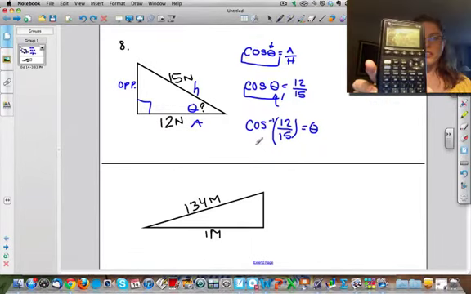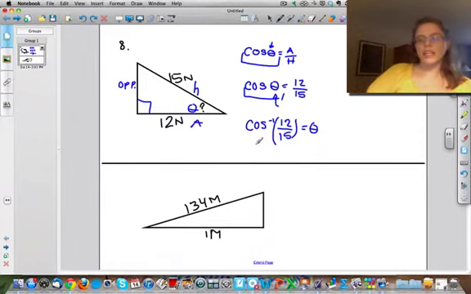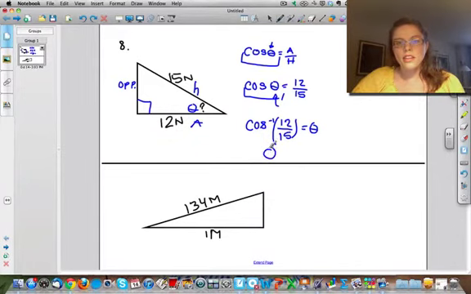So we are in degrees. That's great. I'll quit that and we'll do second cosine. Make sure you use parentheses. 12 divided by 15. And I got 36.8. So theta is equal to 36.8 degrees.